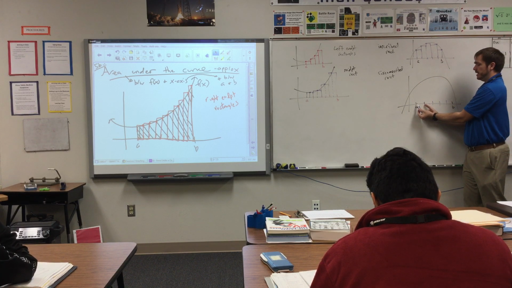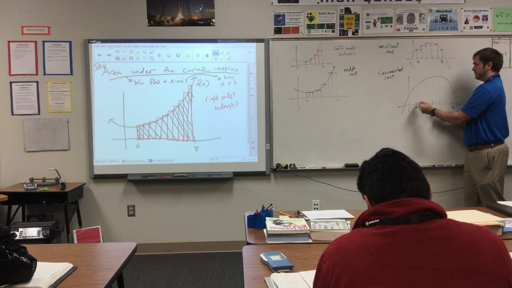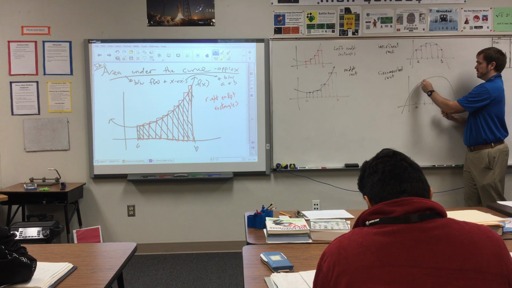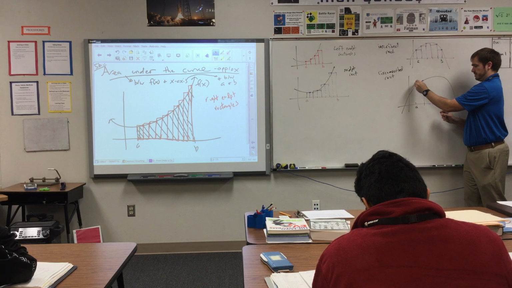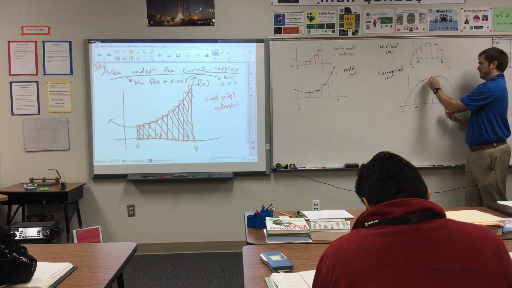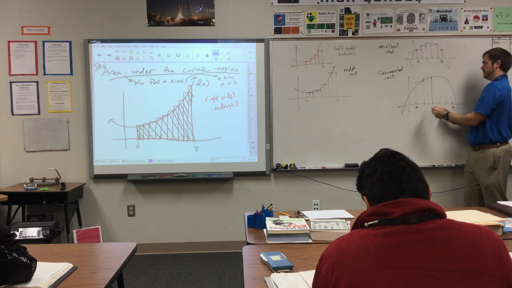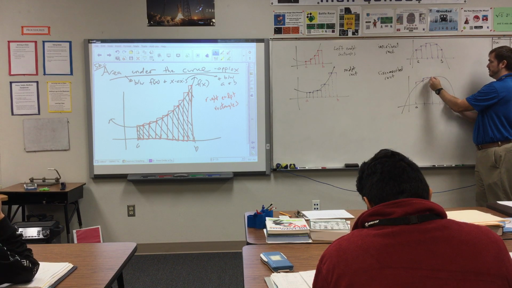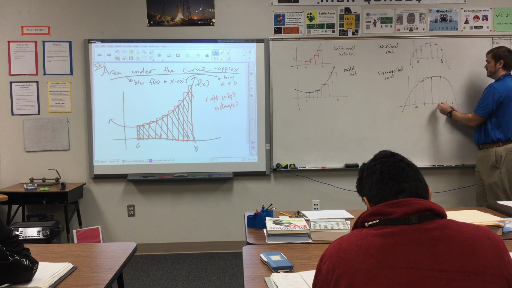You choose the endpoint that's going to always take you higher. So in that case, that's going to be this one. This one. So that was a sheer overestimate. Absolutely. Yep.